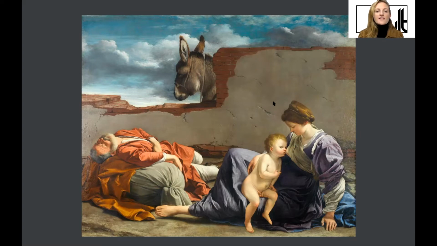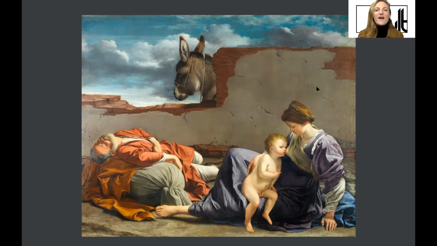The two figures in the foreground are set against a wonderful stony wall. This wall is quite dilapidated, it's crumbling. We can see that it's made of brick, covered in plaster, with various cracks and crevices throughout.